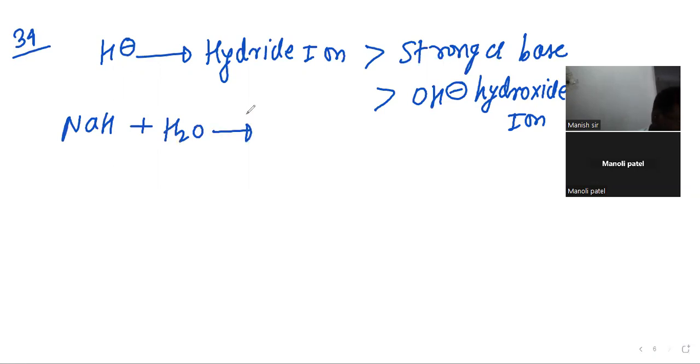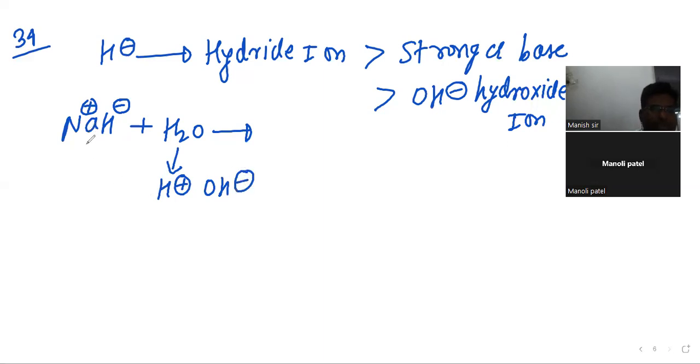So see, it is dissolving in water. This will be Na plus and this will be H minus. In a metal hydride, hydrogen is in the minus position, right? H2O will dissociate into H plus and OH minus, right?